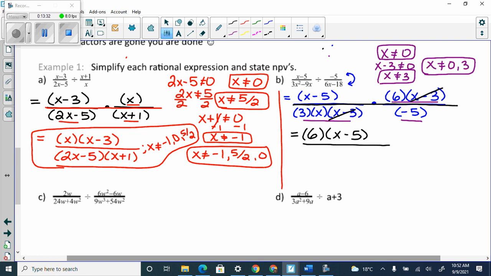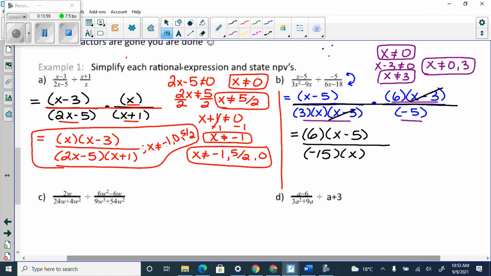So on the bottom, I'm going to have 3, and then x, and then minus 5. This x times minus 5 is actually negative 5x, not x minus 5, right? So they can't cancel. So this negative 5 should have joined the 3, shouldn't it? So we're going to get negative 15x.